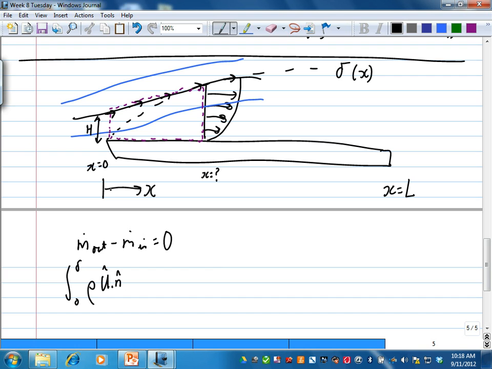The black and the blue lines are streamlines. I'm choosing the black streamline to do the analysis.